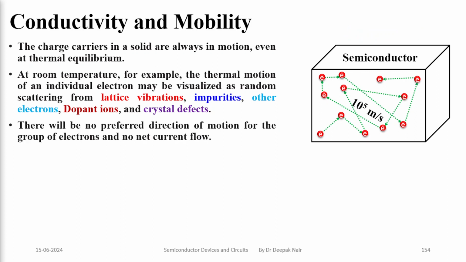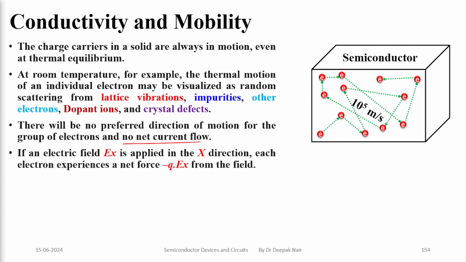Now, there will be no preferred direction of motion for a group of electrons, and therefore the net current inside the semiconductor is also 0. We will calculate current only when the electrons move in one particular direction. If the electrons are moving randomly, then they do not constitute current. Current is measured only when the electrons move from one point to another point in a particular direction.